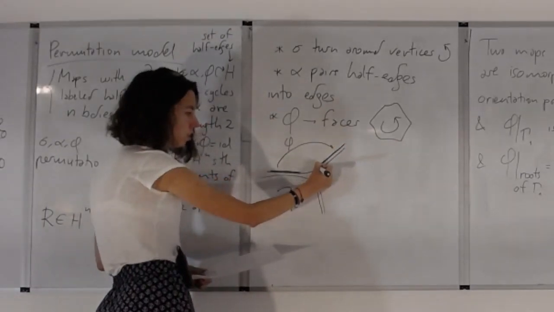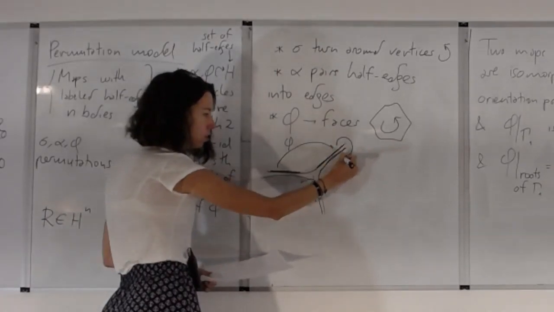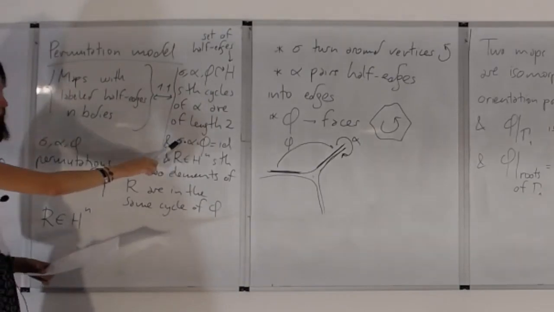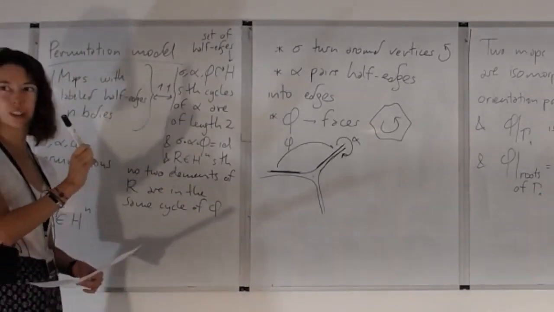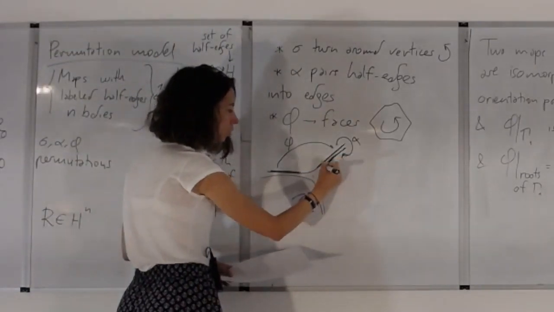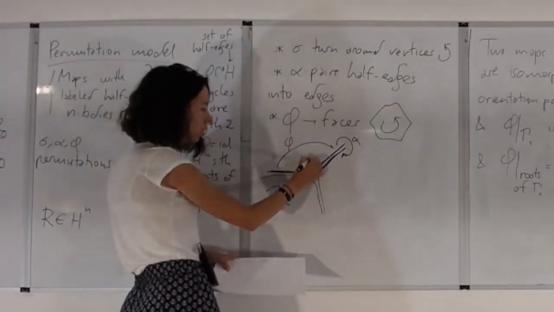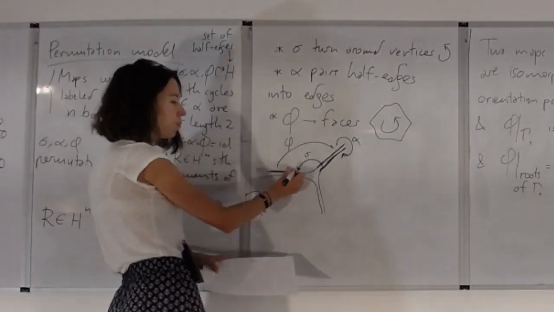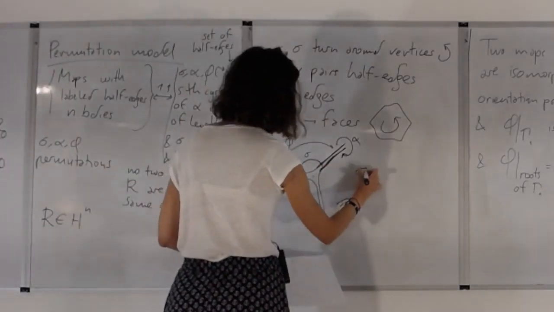So it just goes from this one to this one. And then sigma that goes counterclockwise around the vertex. So this one is incident to the vertex, and sigma will just send it to the previous one, incident to the vertex. So it comes back to the original one. So this drawing justifies why we have this.